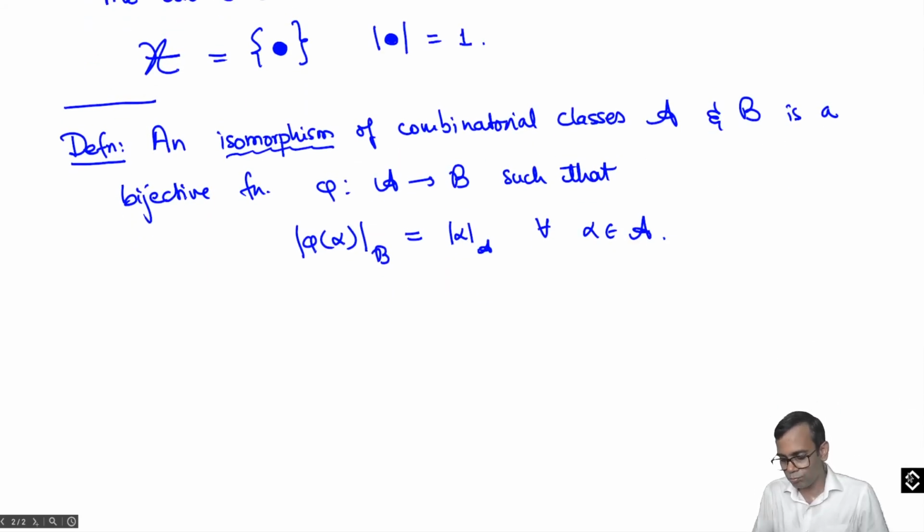And when two combinatorial classes are isomorphic, we'll think of them as being the same.